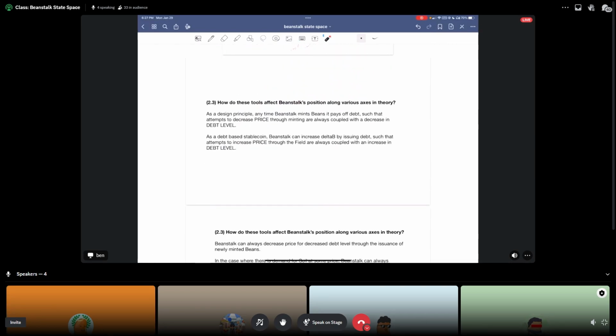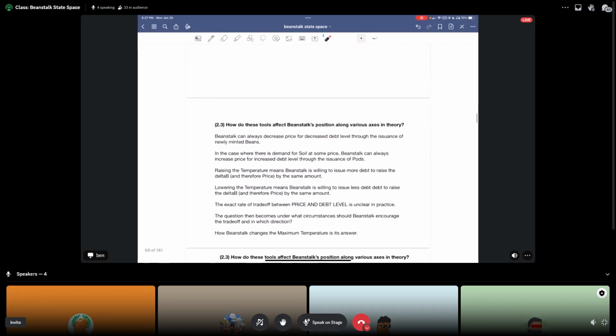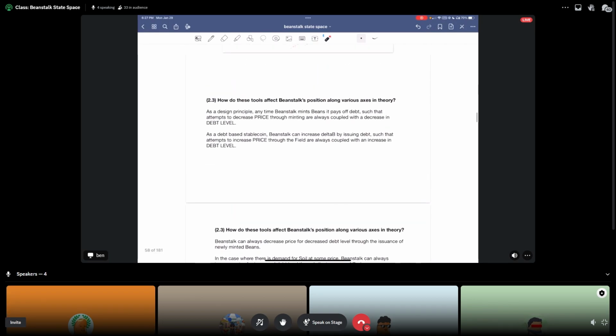How should it do this? Well, it depends how these tools affect its position along these axes. So when Beanstalk is applying that leaf blower, what is the direction and the strength of the force of that leaf blower on Beanstalk? Fundamentally, as a design principle, anytime Beanstalk mints beans, it pays off debt.